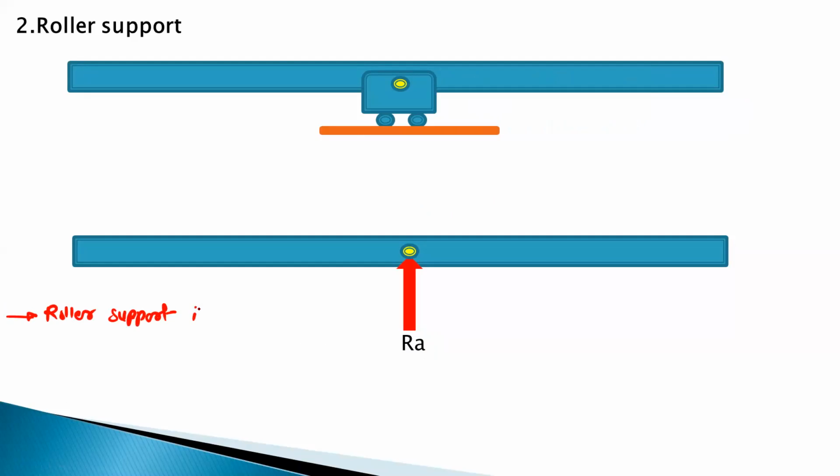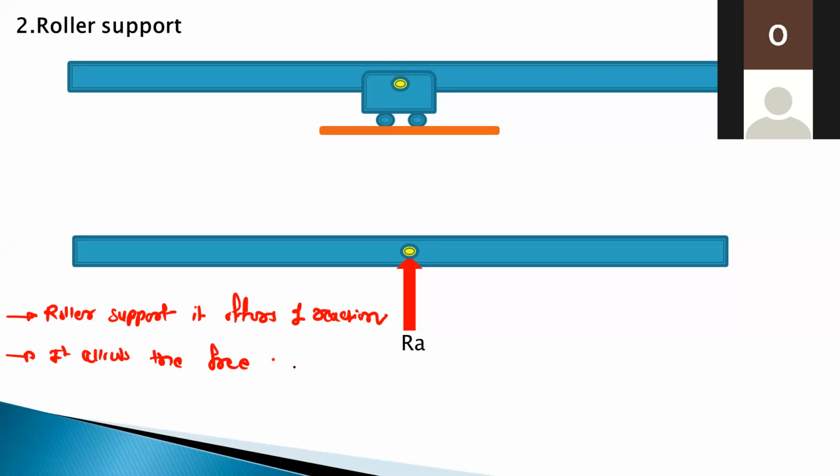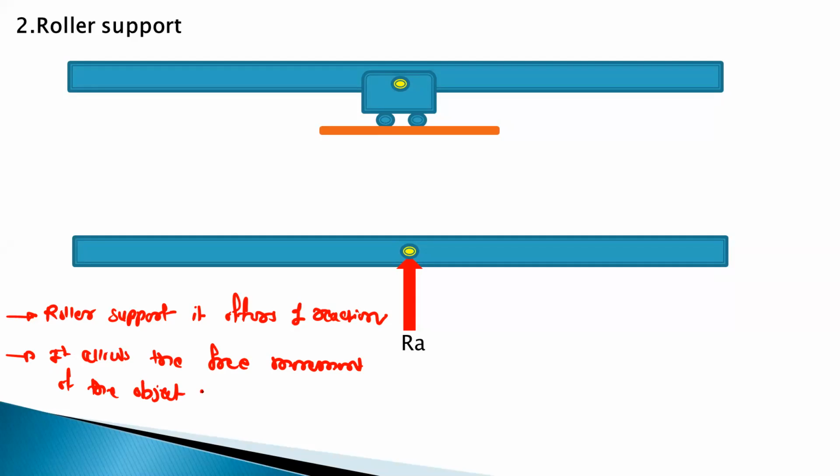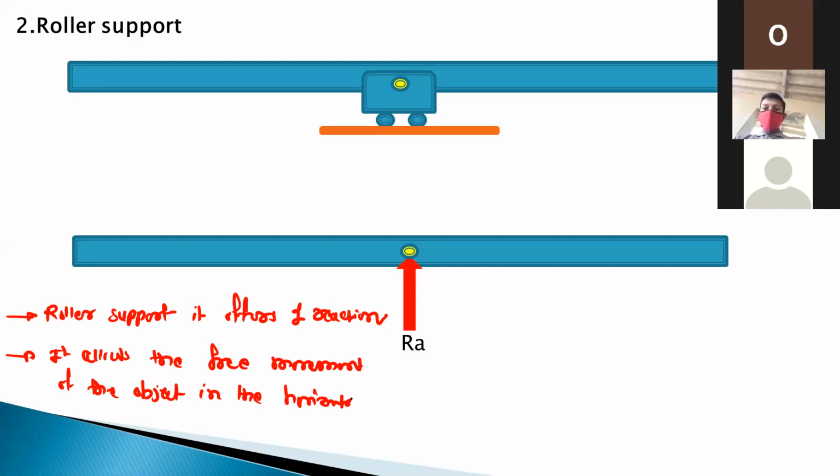So roller support offers one reaction and it allows the free movement of the object in the horizontal direction or in the vertical direction.